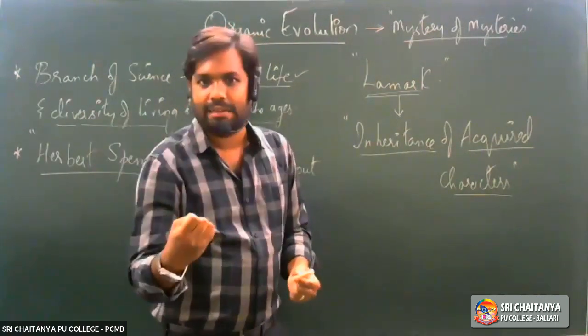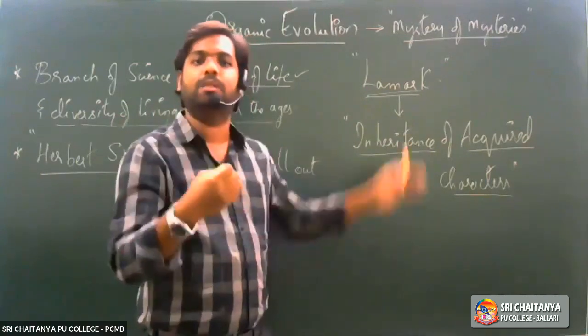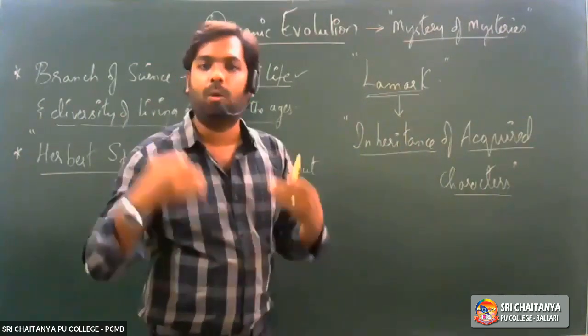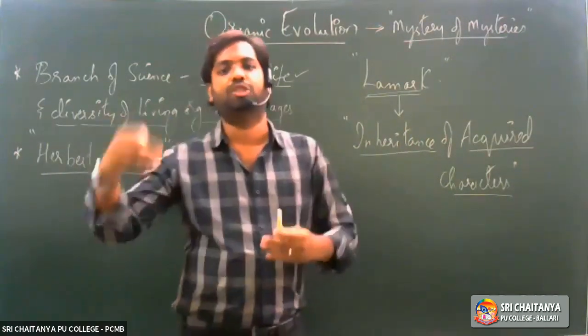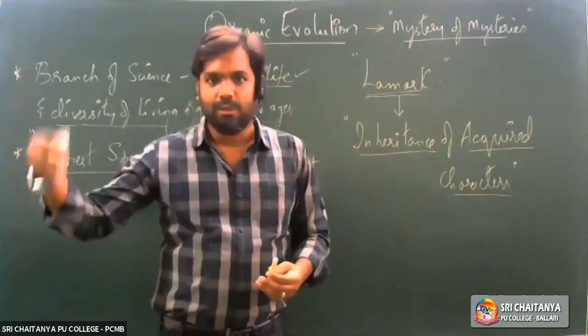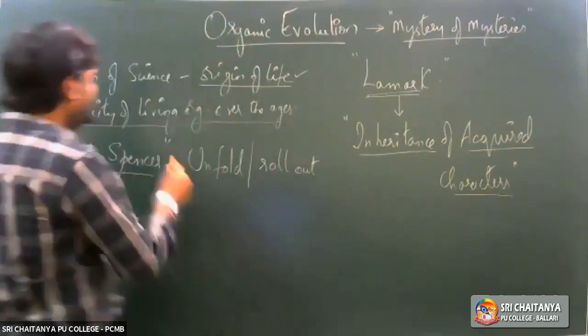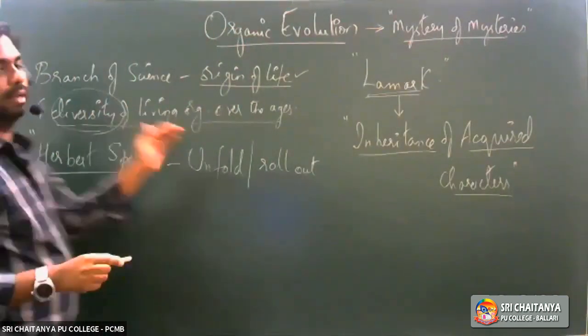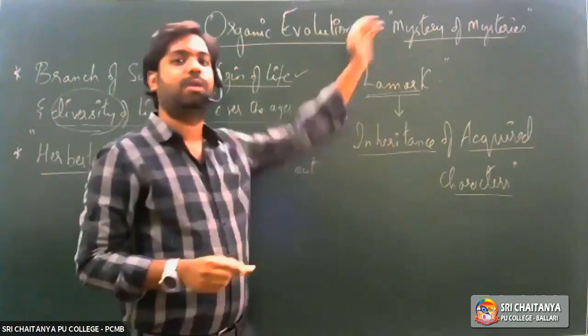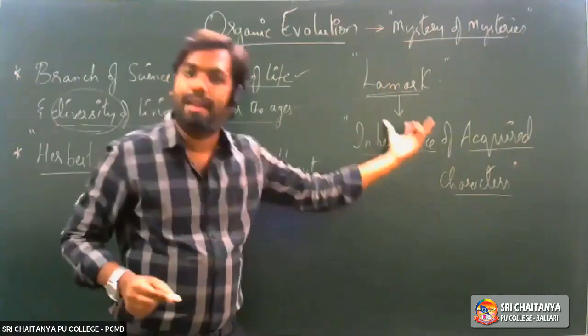Those characters which have been acquired by this organism will be passed on from generation to generation, leading to the formation of a new species. That's how there was diversity of living organisms over the ages. That was the statement made by Lamarck.